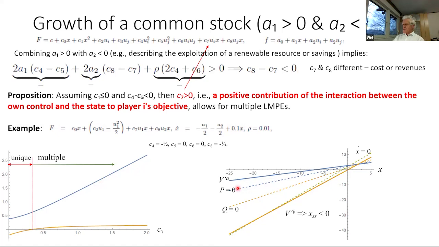You have these 2 crucial loads, P is equal to 0, Q is equal to 0. Then we know the strategies must pass through this intersection. So we get 2 solutions, the blue one and the yellow one, and they must cross the steady state line at a slope which is less than a steady state line.